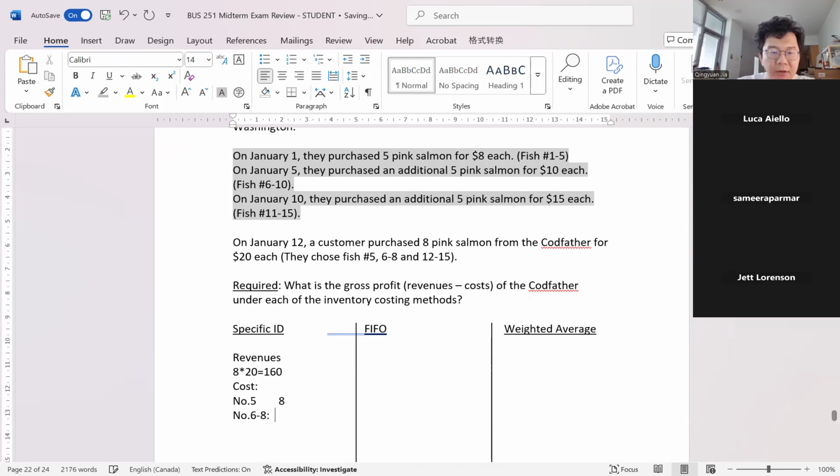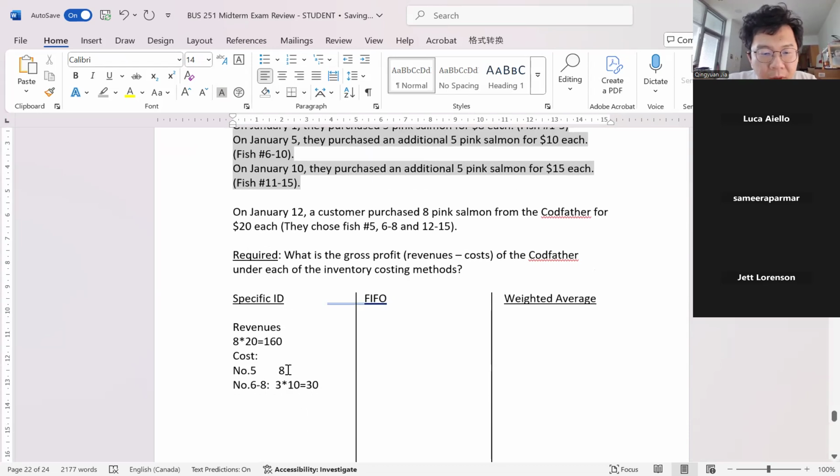6 to 8 is 3 times 10, right? Equals 30. This is the cost, and this is the cost. And number 12 to 15: how many fishes?